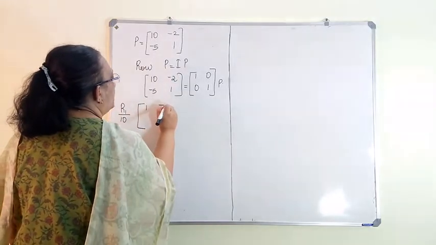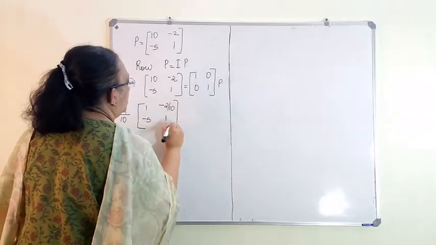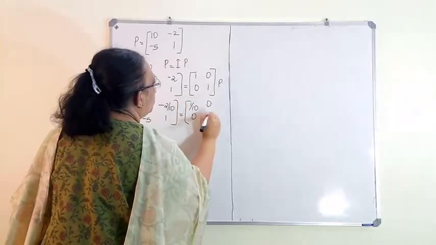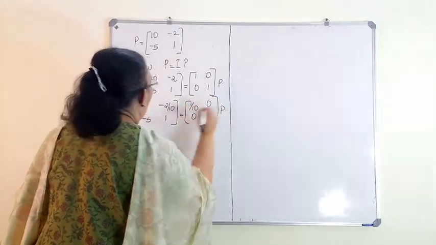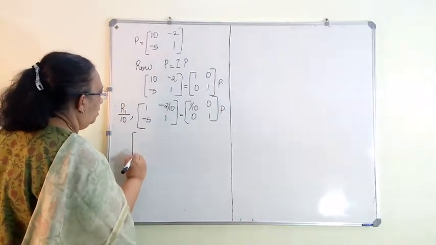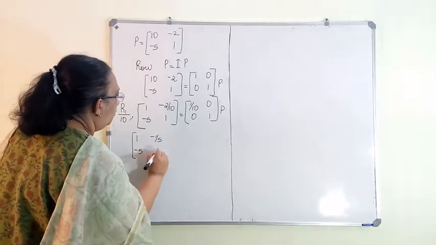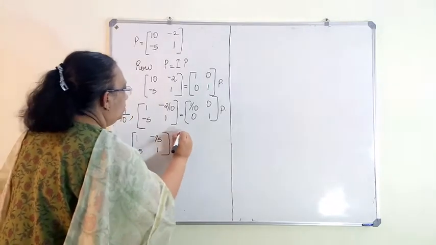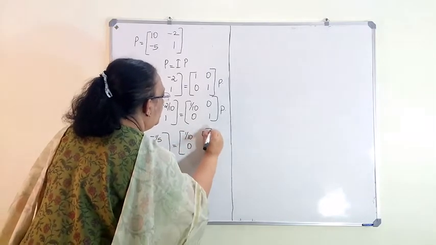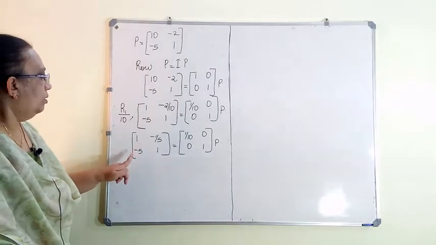[1, -2/10; -5, 1] is equal to [1/10, 0; 0, 1] into P. Or I can write this as [1, -1/5; -5, 1] is equal to [1/10, 0; 0, 1] into P. So I have 1 over here, 0, 0, 1.